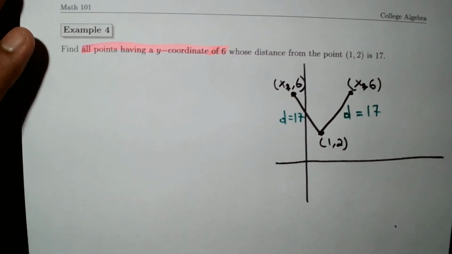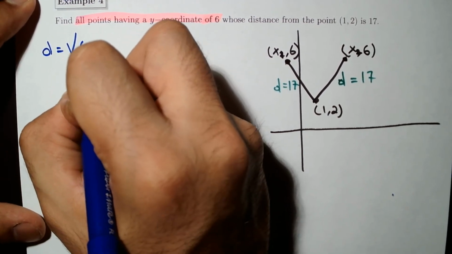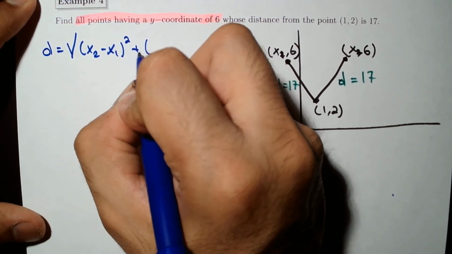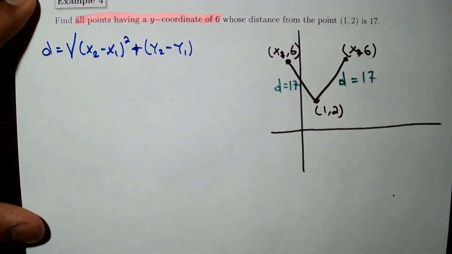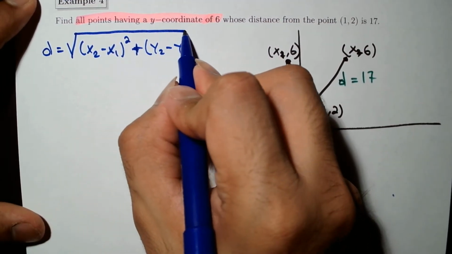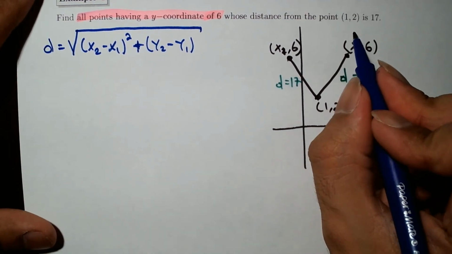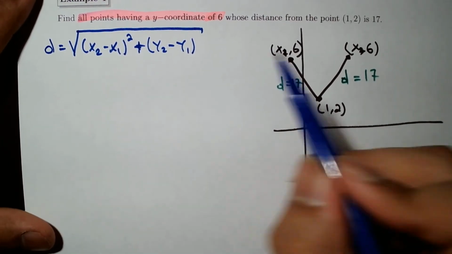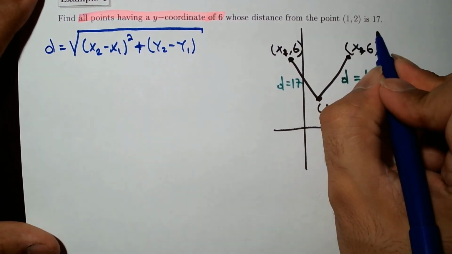This will require solving a quadratic equation in combination with radical equations, you will see. So first of all, let's recall the distance formula. The distance formula: x2 minus x1, squared, plus y2 minus y1, squared. So, in this case, we don't know one of the values. Which one is it? Okay, we know the distance. The distance is 17.